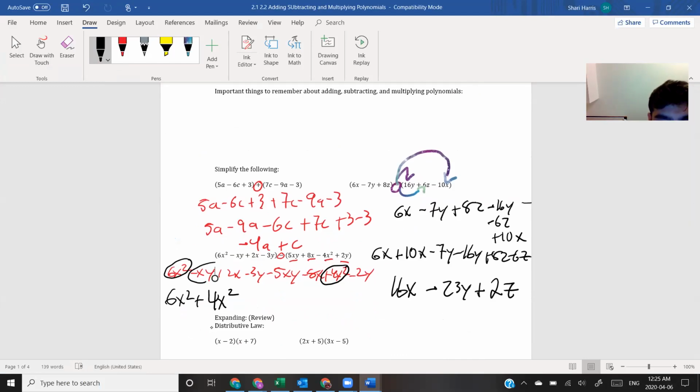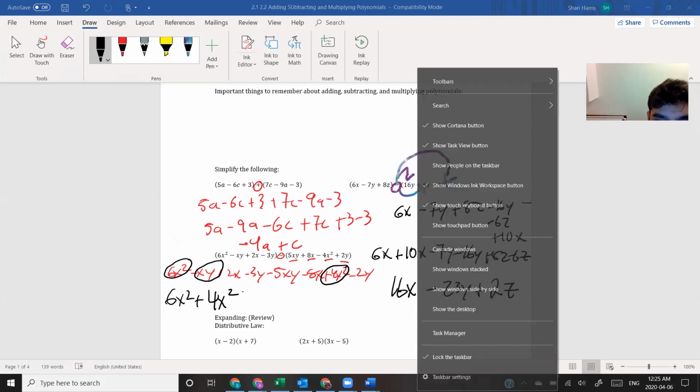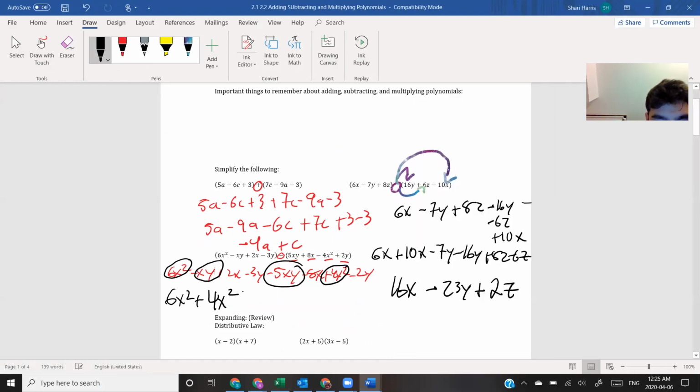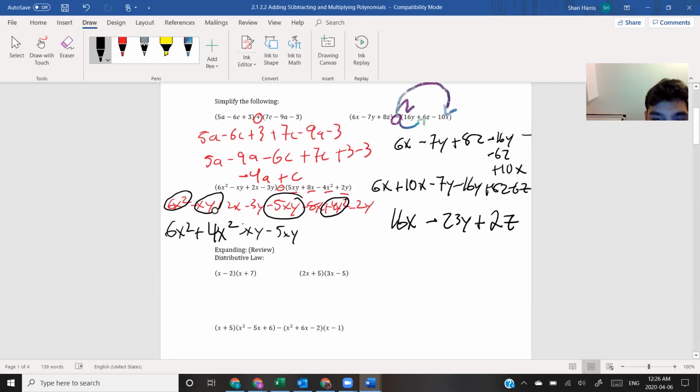Then we have a minus xy here, and we have a minus xy here, so that's going to be minus xy minus 5xy. Sorry, folks.